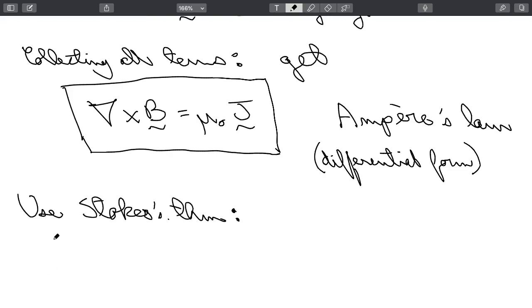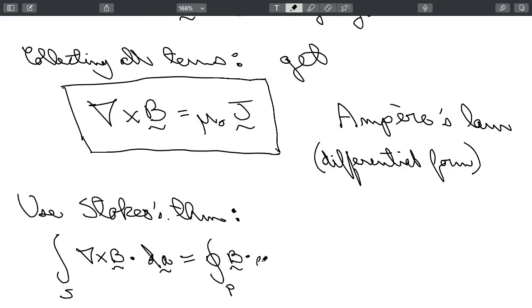We can simply integrate this curl of B over a certain surface. What that means is that this becomes the line integral over the path enclosing this surface of B dotted into the displacement along this curve.